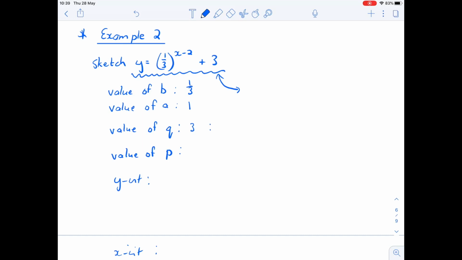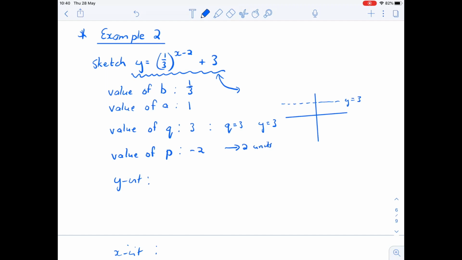The value of q is 3, so that means my asymptote is going to be y equals 3. So if I quickly sketch it over here, it's going to be up there. That's going to be my asymptote. The value of p here is -2, so the whole graph is going to shift to the right 2 units.